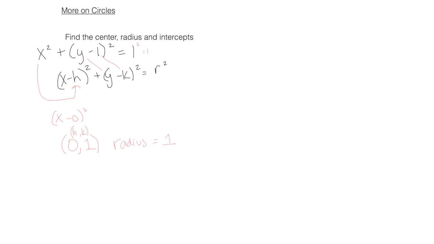Well, let's see, when you do intercepts, it's the same premise as when you do it for the line. To find the y-intercept, you set x equal to 0. And to find the x-intercept, you set y equal to 0. For the y-intercept, x equals 0.